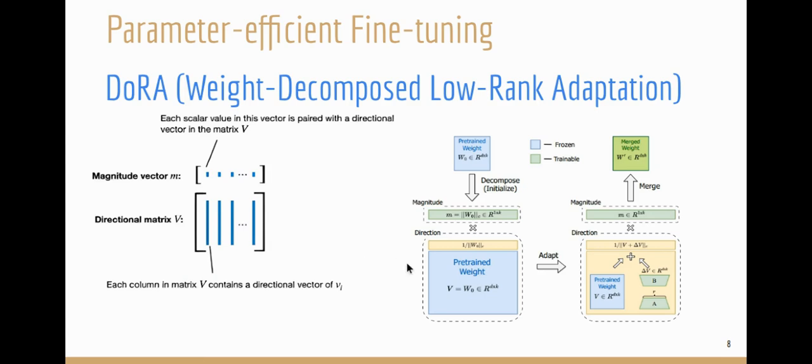The weight matrices are split into two parts, the magnitude and the direction. The directional matrices are updated via LoRa's low-rank adaptation, as we see here, and the magnitude vector is fine-tuned directly. After training, the magnitude and direction components are combined.